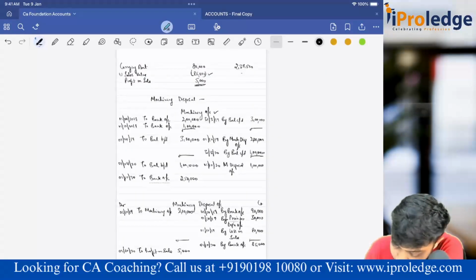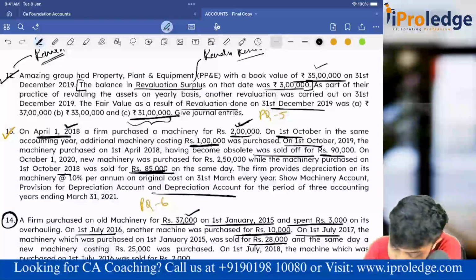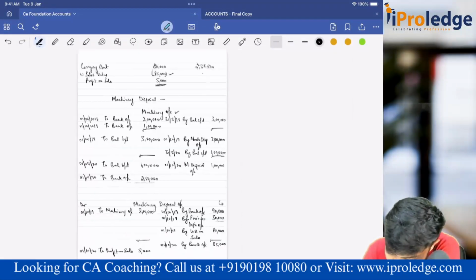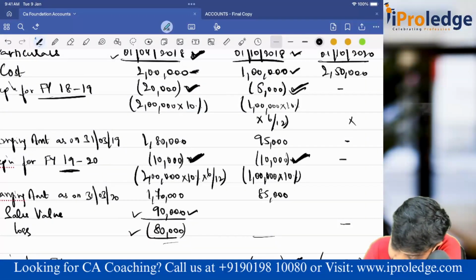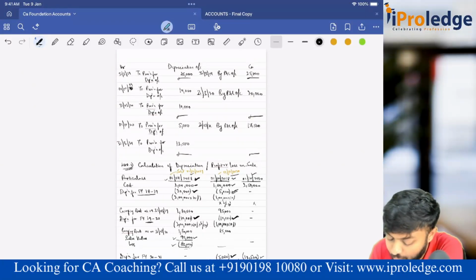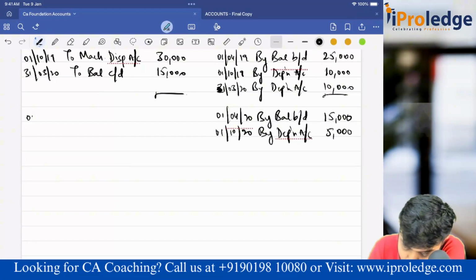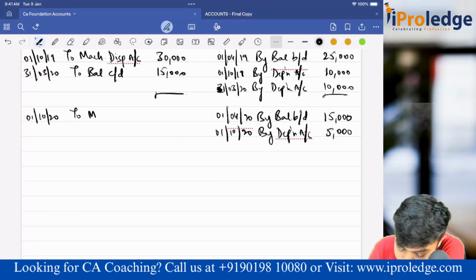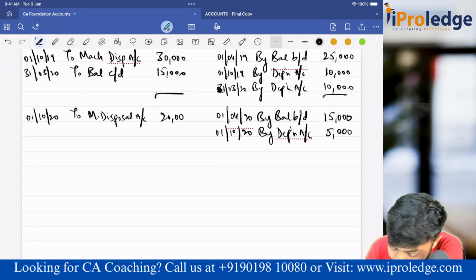Then from provision for depreciation I transferred the depreciation charge till date. What is the depreciation charge till date on the machinery that I sold? See, 5, 10, 15, 15 plus 5, 20. 20,000 is charged till now, that I will transfer from provision for depreciation to machinery disposal. So 1-10-22, machinery disposal account, how much? 20,000 till date.